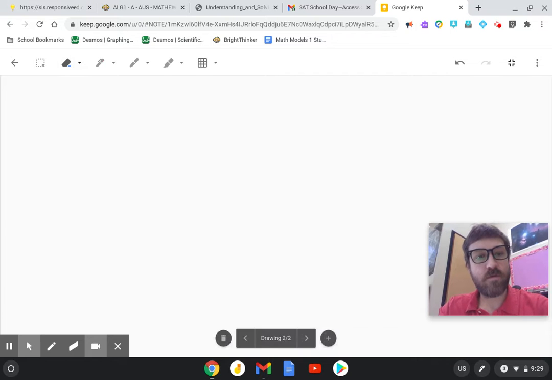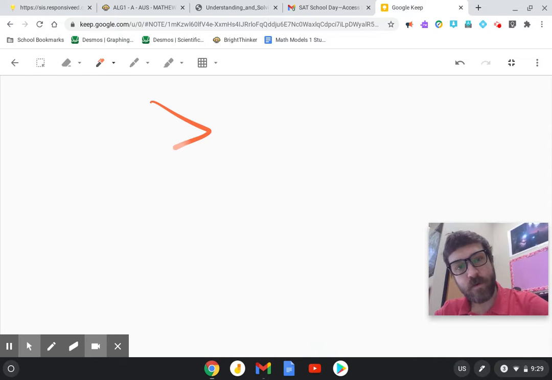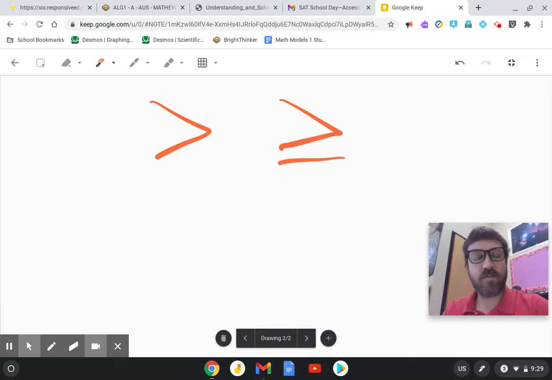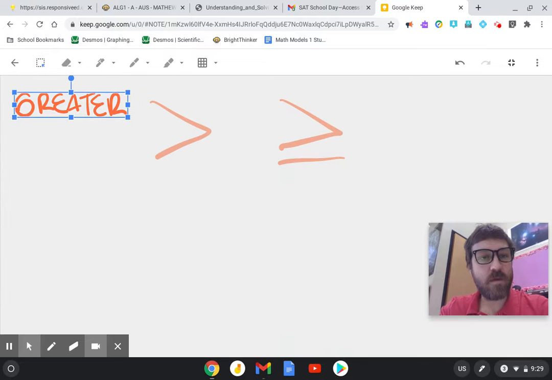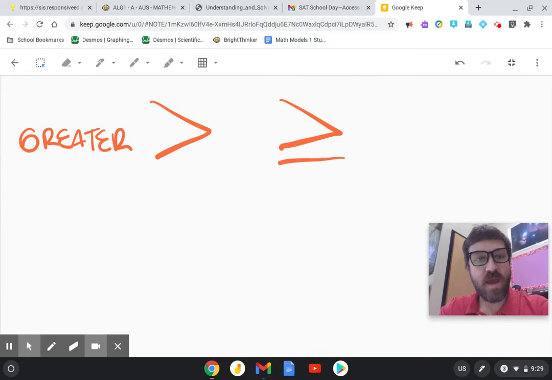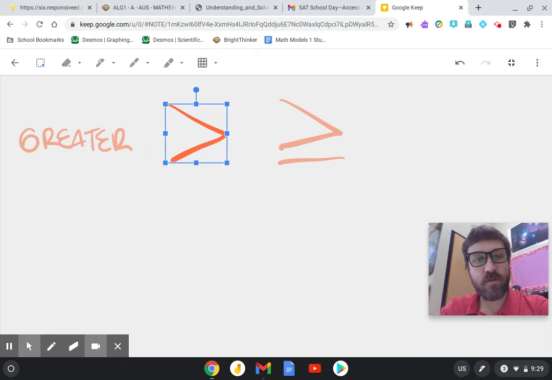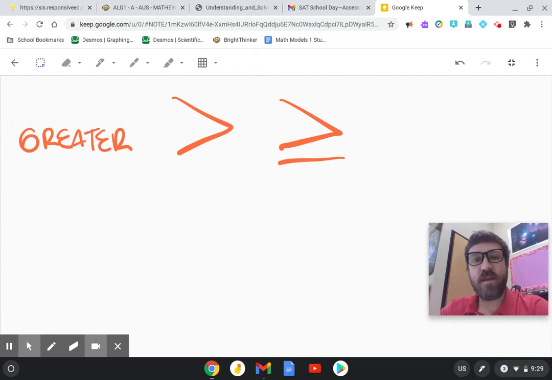We have two that are greater than, and greater than or equal to. You'll notice we have these two symbols. They both mean greater, but one of them is saying that it is only greater than, that's this one. And then the other one is saying that some number would be greater than or equal to.